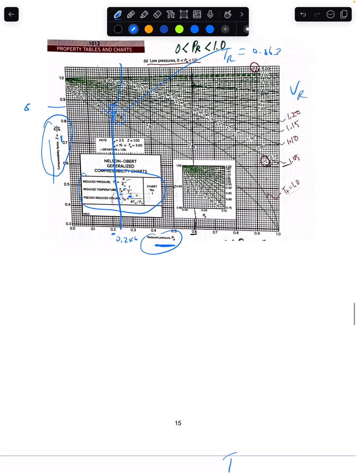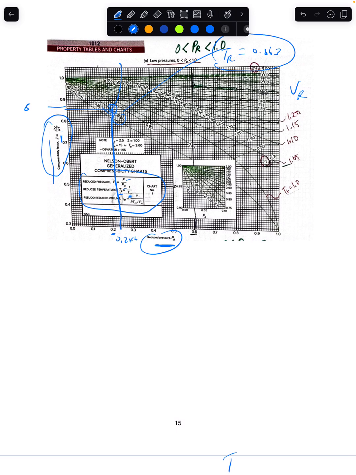So remember, a graph will not always be accurate, so I'm trying to get this point for the reduced pressure 0,246, and this has to be 0,863. So this is going to be somewhere around here.